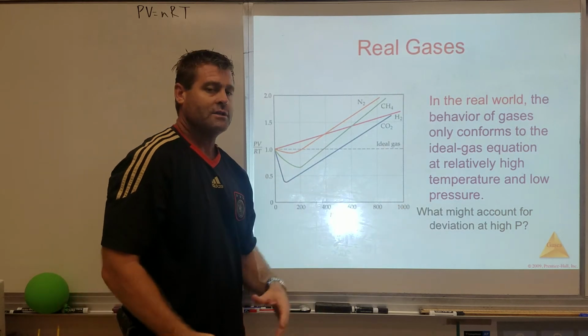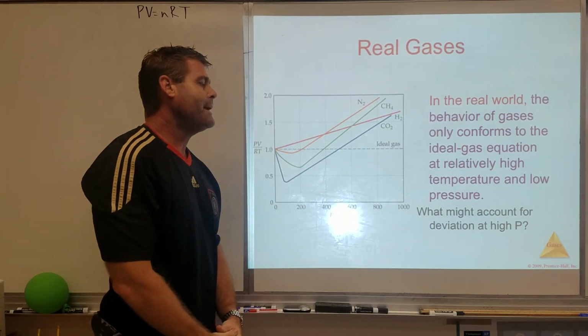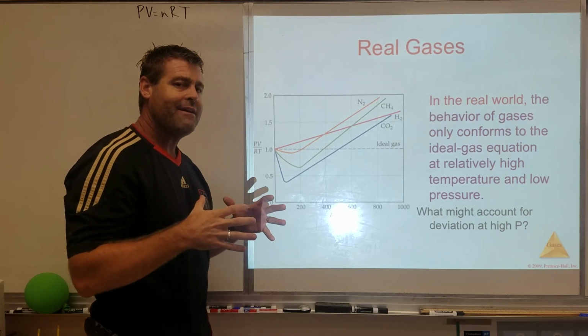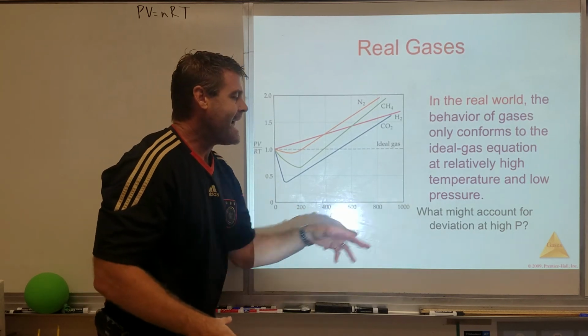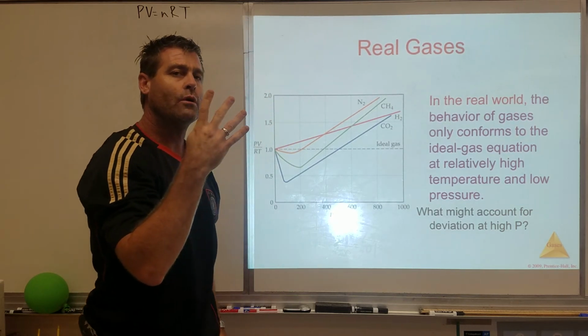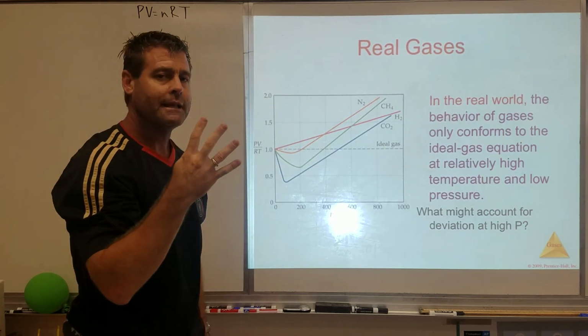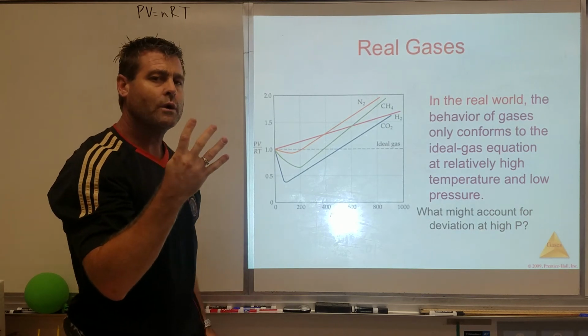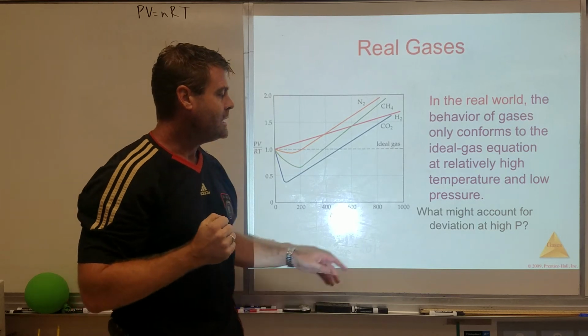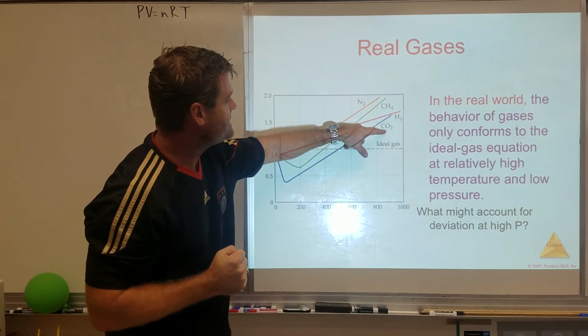So then I have a question. What do you guys think? What might account for the fact that the gases don't really behave in an ideal way when it's at high pressure? To answer this question, you have to look back at those 4 components of kinetic molecular theory. And I would ask, which one of those assumptions would not be true under conditions of high pressure, where you can see there's a big deviation?